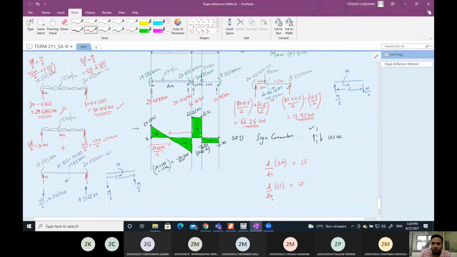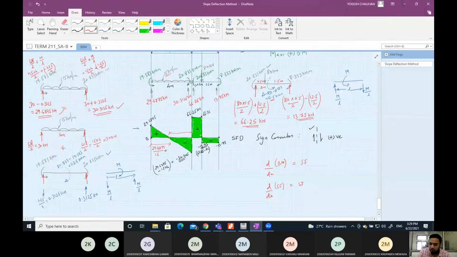So you want to find this distance x. We are dividing the shear force by the intensity of load. Here the intensity is 15 kilonewton per meter, so dividing this shear force by this, you will get this distance.